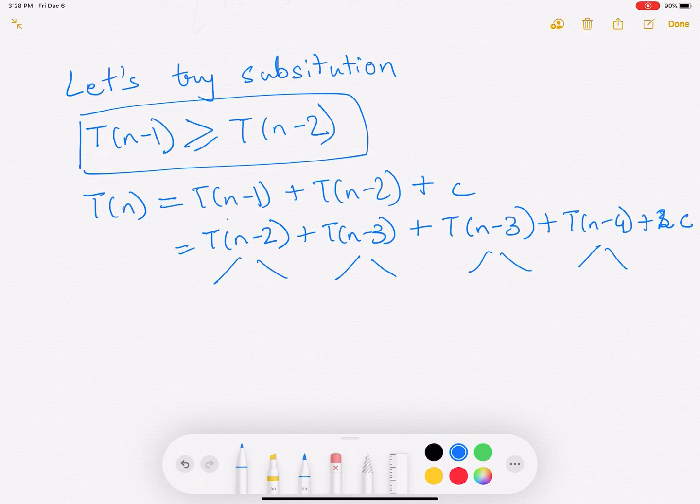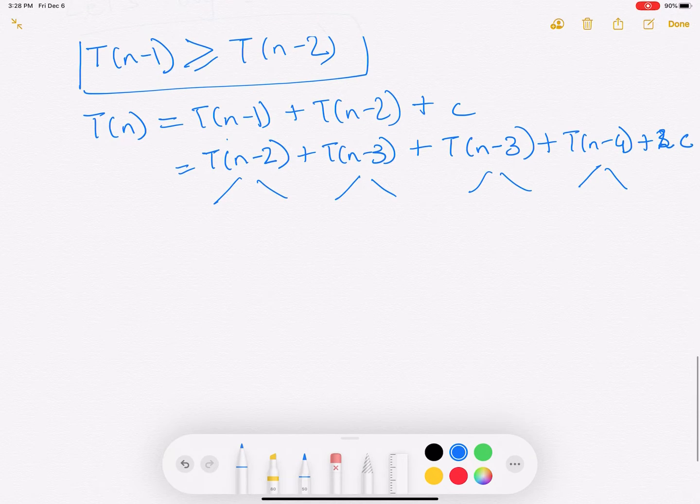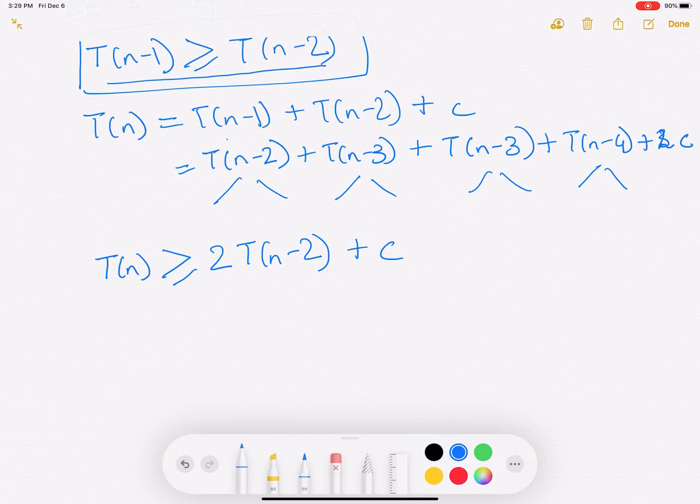We'll write T(n) as greater than or equal to 2T(n-2) plus C. We substitute T(n-1) with T(n-2), but because T(n-1) is greater than T(n-2), we put a greater than or equal to sign.